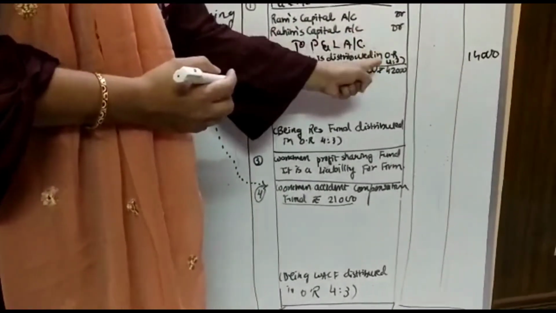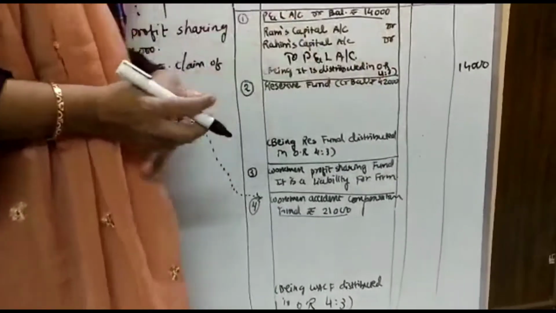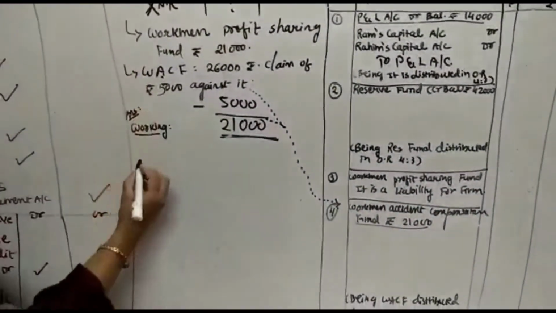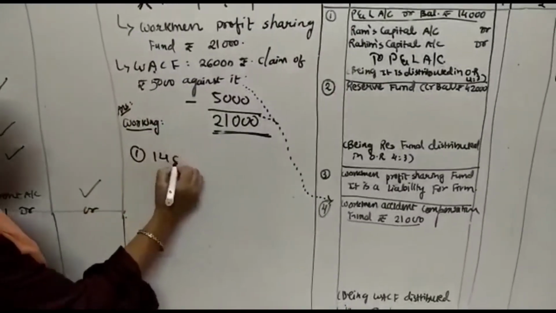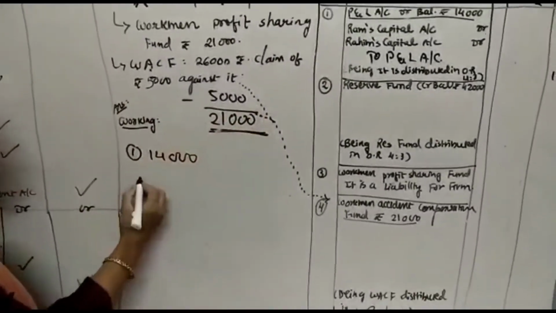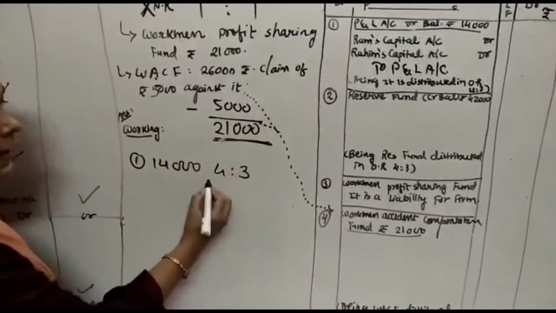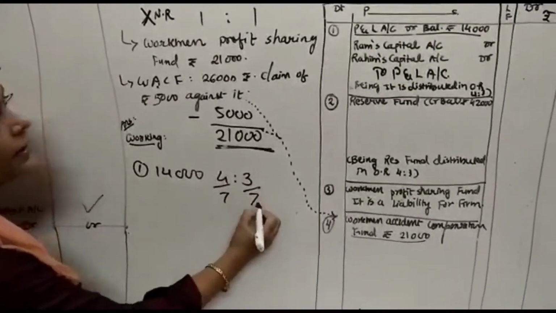Now I am going to show you in a small working how to distribute this. Look here. The first one, 14,000, is going to be distributed in 4:3. So 4 plus 3, 7. 4 by 7, 3 by 7.